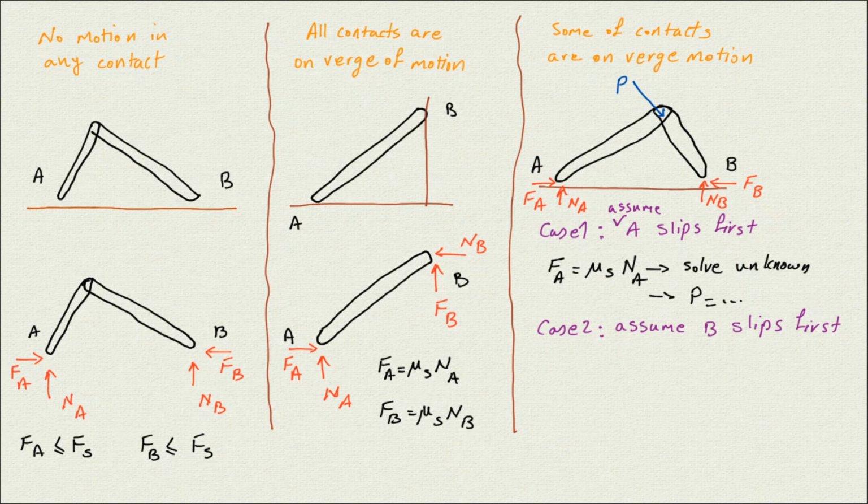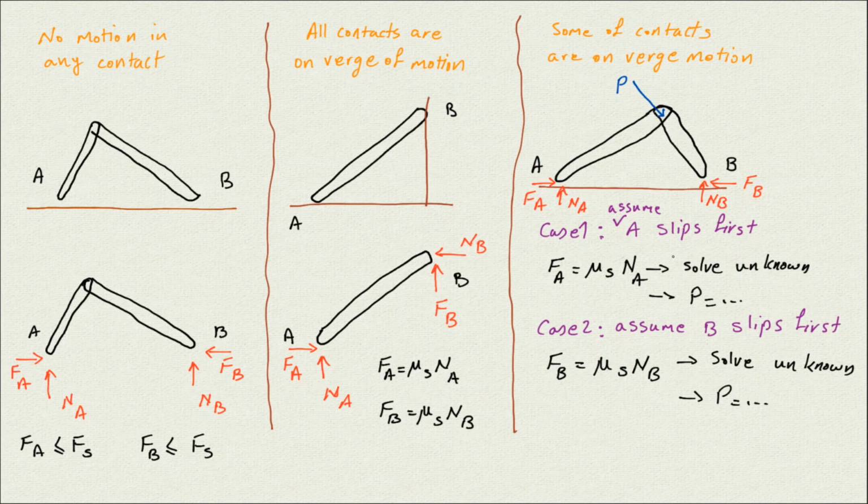So in the second case, A is not slipping, B is slipping, so F_B is gonna be μs N_B, and then we are gonna solve for all unknowns, and then we calculate P.